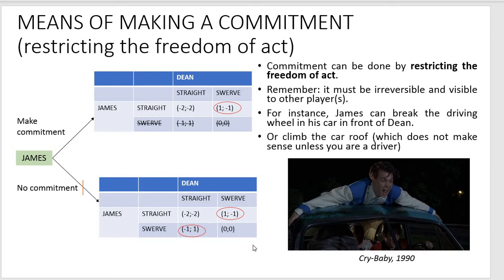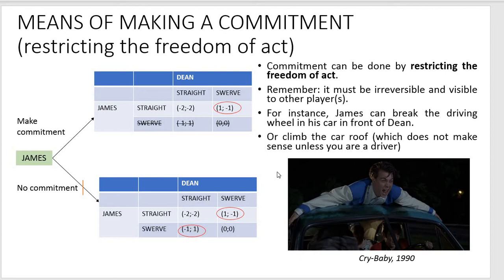So they also played the chicken game, and they both decided to climb onto the roof of the car, but the only problem is that some other person drives at the same time. So basically it makes no sense. Probably it looks effective, but in this version of this game, again, it makes no sense, unlike the older movie.